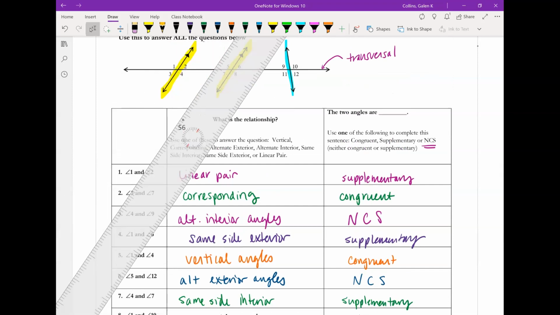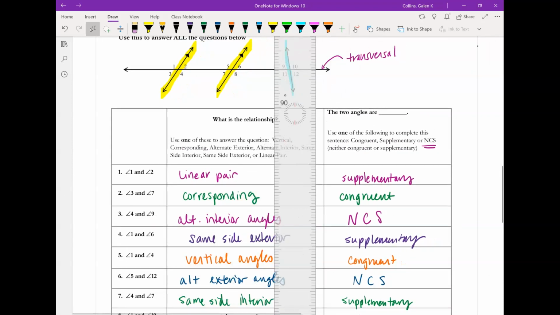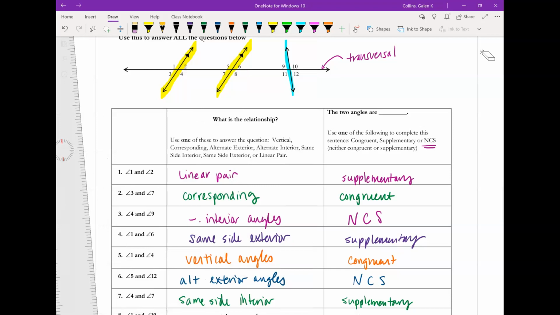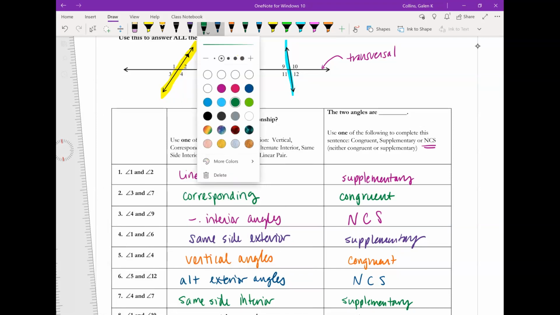All right, angles 3 and 6. Again, I can just cover up, don't look at the blue line. Angles 3 and 6 are going to be both on the exterior of those two yellow lines, and they're on alternate sides of the transversal, so that makes them alternate exterior angles.